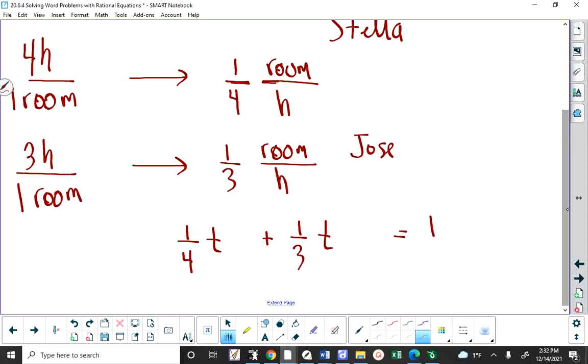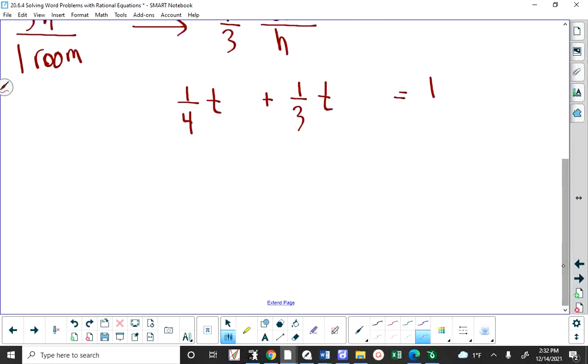So this is the equation we're going to solve. Now again, I'm going to show you a shortcut. And when I said we're not going to solve all of these, I lied, because I do want to solve this one to show you the shortcut. This is a rational equation, and the lowest common denominator is 12.